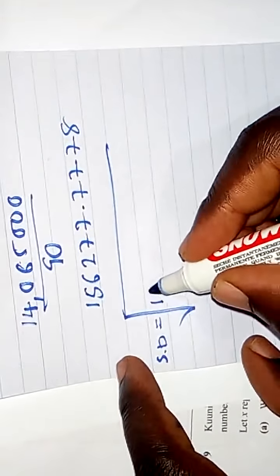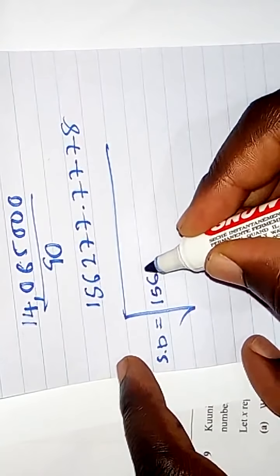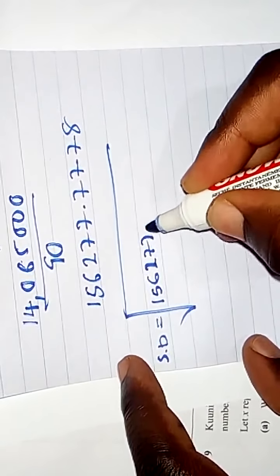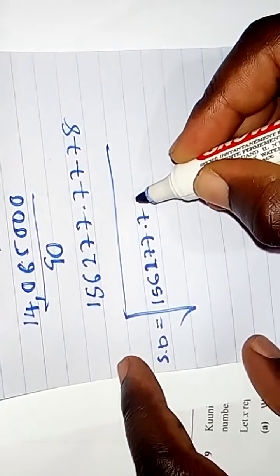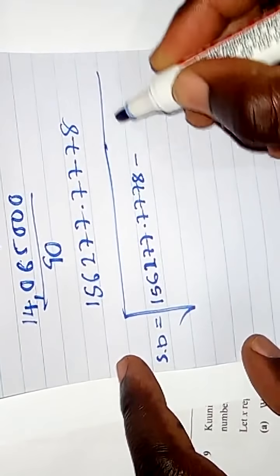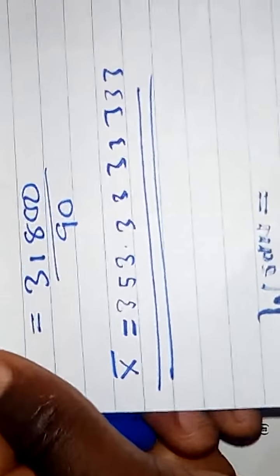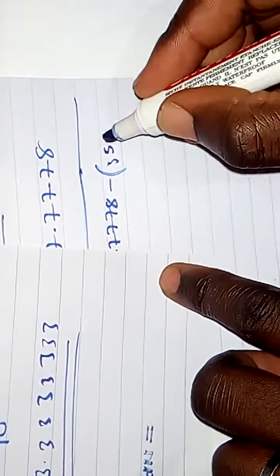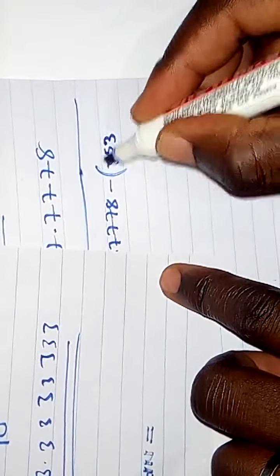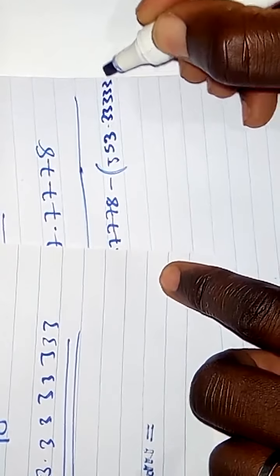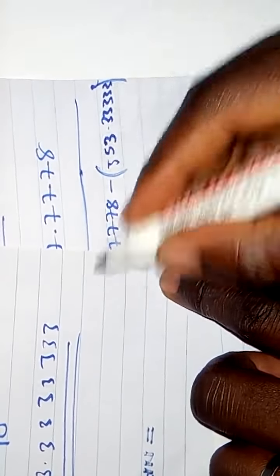Put this number, 156,277.7778, minus the mean. This is our mean over here, 53.3333 squared.